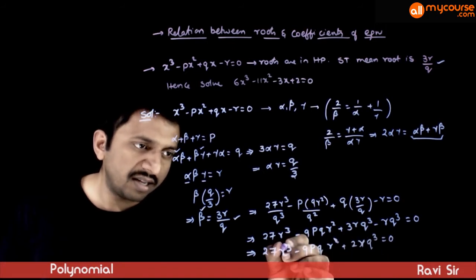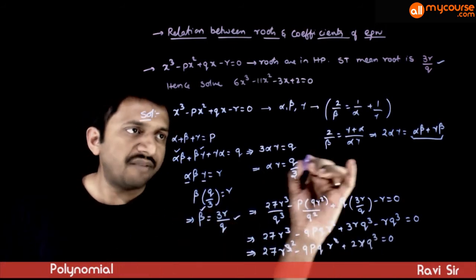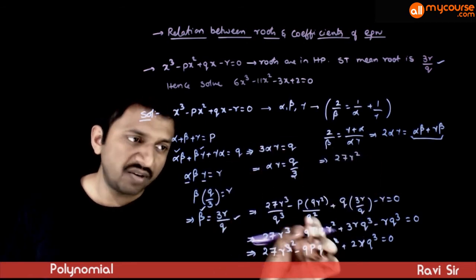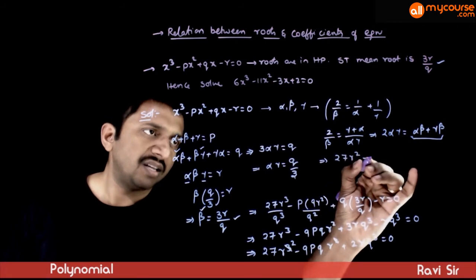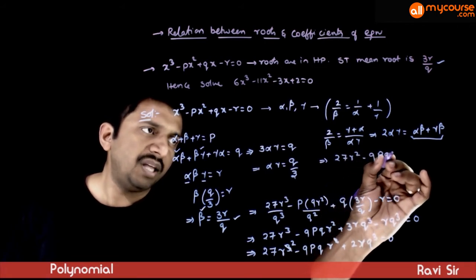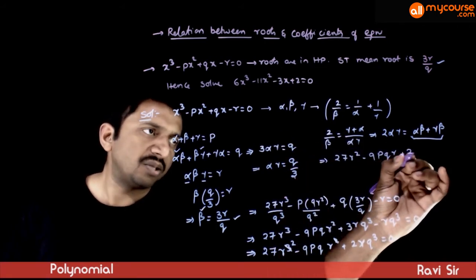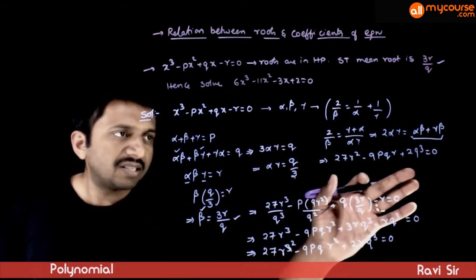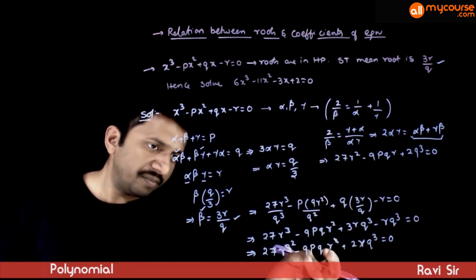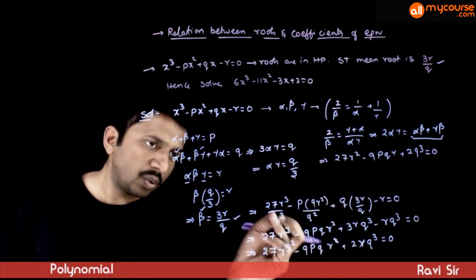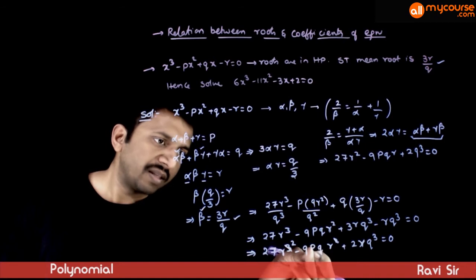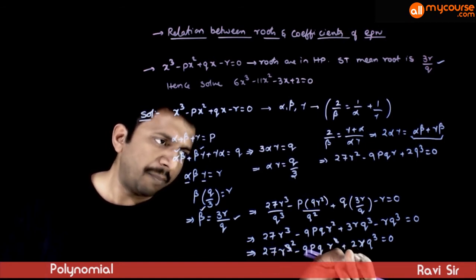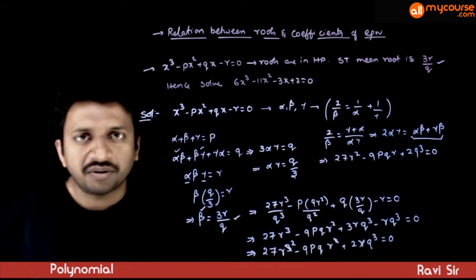R will get cancelled. So the effective condition is 27R square minus 9PQR plus 2Q cube is equal to 0. Yes.